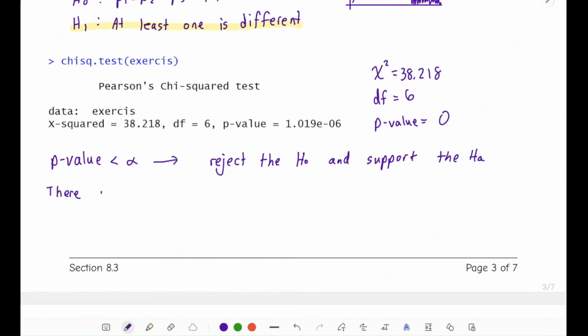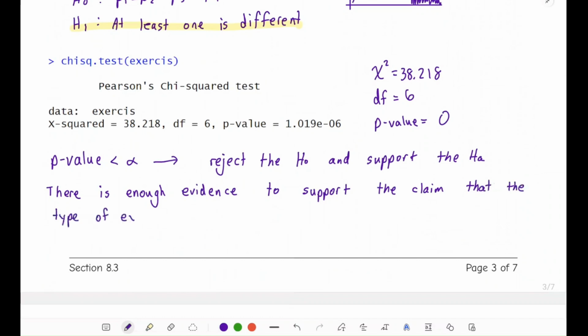So there is enough evidence to support the claim that the type of exercise produces different proportions of blood pressures.